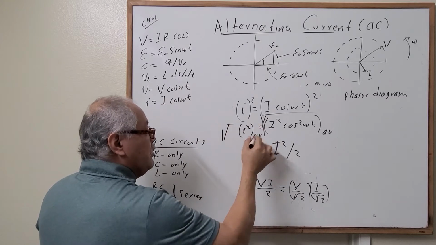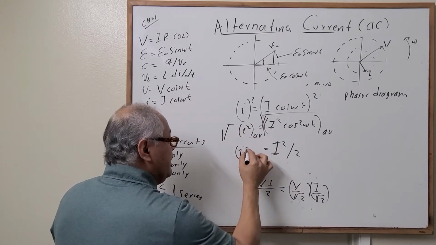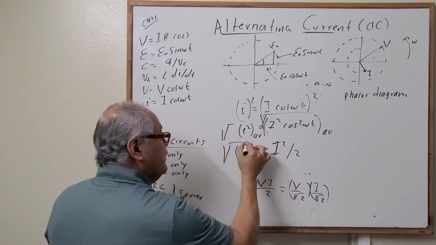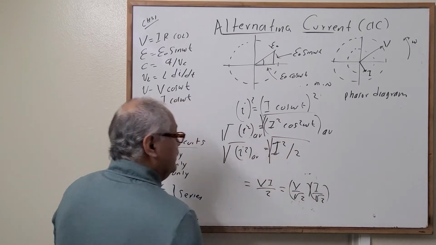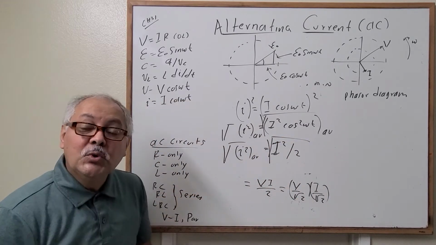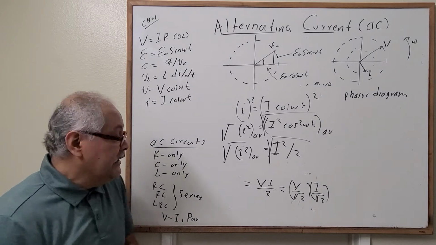Now when we take the square root, this quantity takes a special name. This is called the root mean square current.